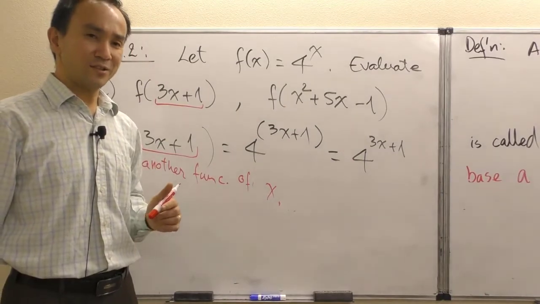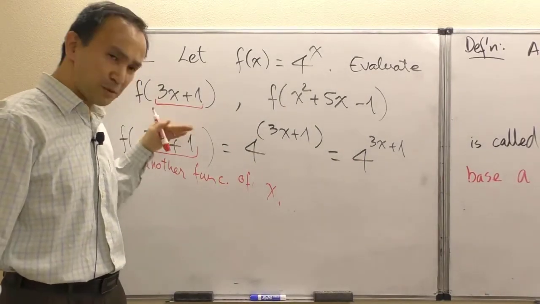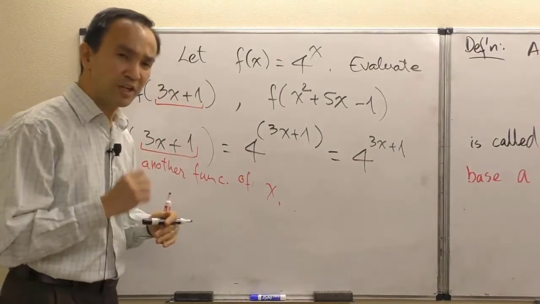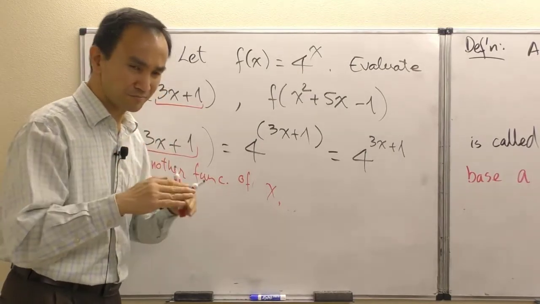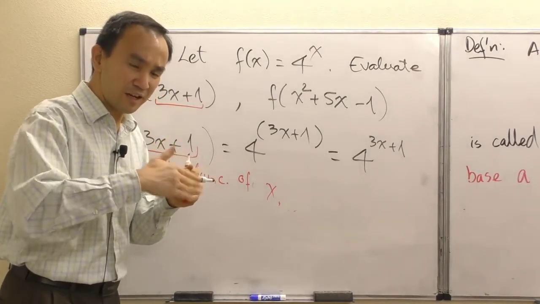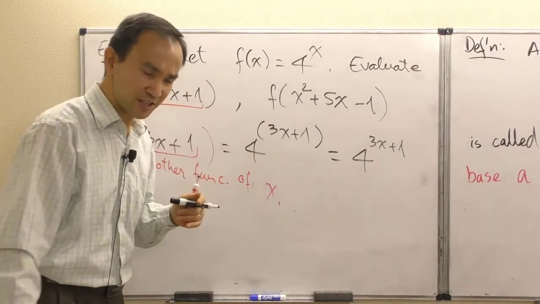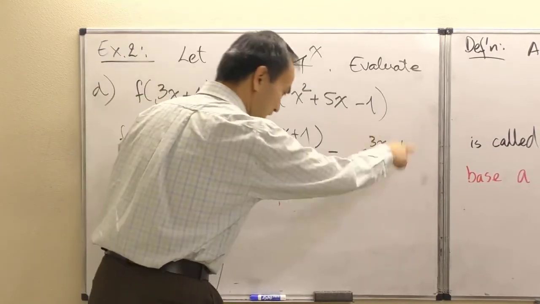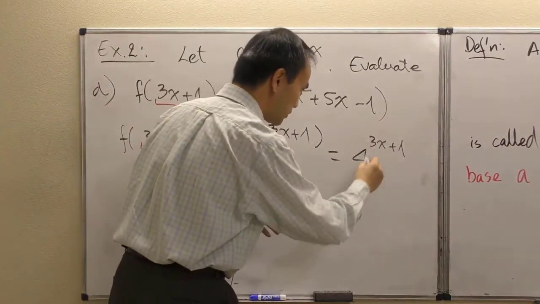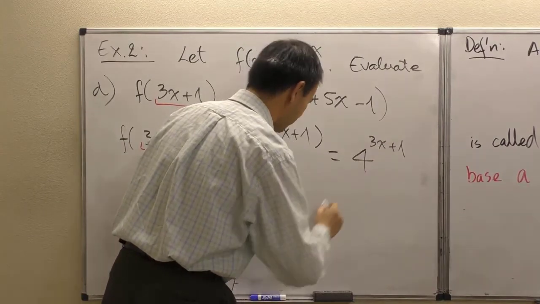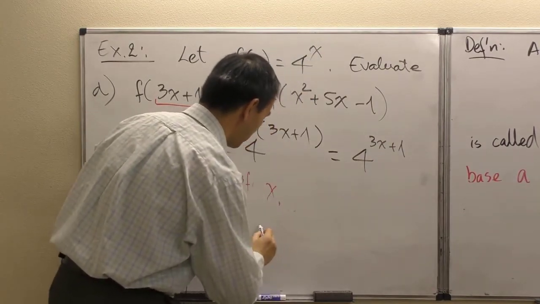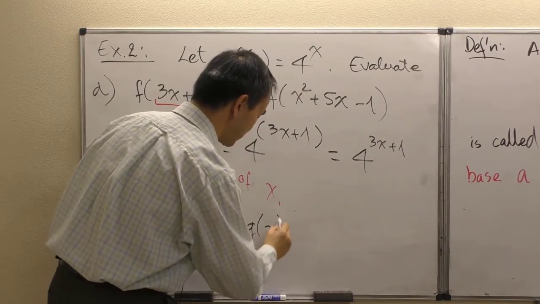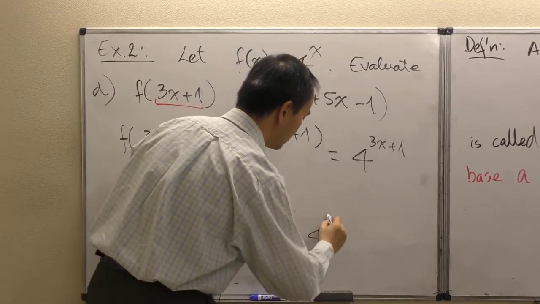All right, ladies and gentlemen, with this particular part D of our example, I want to introduce a little further the intention so that eventually I'm going to lead you into the next understanding. But see, at the end right here, 4 to the 3x plus 1, we can define another function just to be 4 to the 3x plus 1.